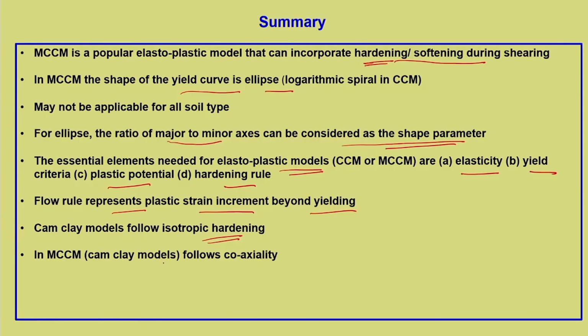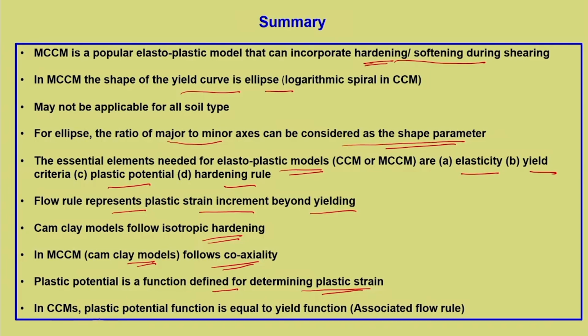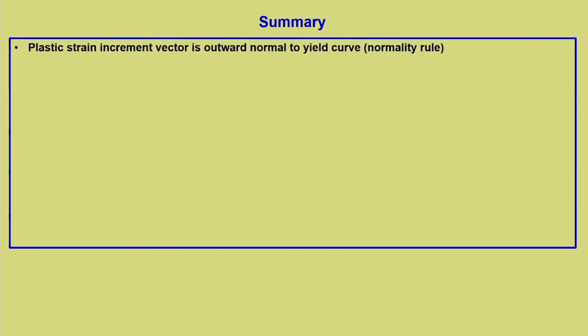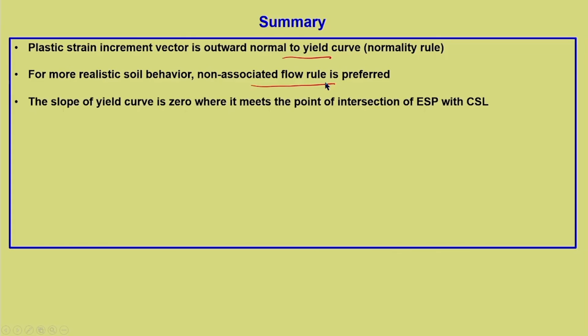In MCCM or Camp clay models, it follows coaxiality, which is important for defining the plastic strain increment vector. Plastic potential is a function defined for determining plastic strain. In critical state models, the plastic potential function is taken equal to the yield function, which is known as the associated flow rule. So the plastic strain increment vector is outward normal to the yield curve, which is the normality rule. For more realistic soil behavior, a non-associated flow rule is preferred.